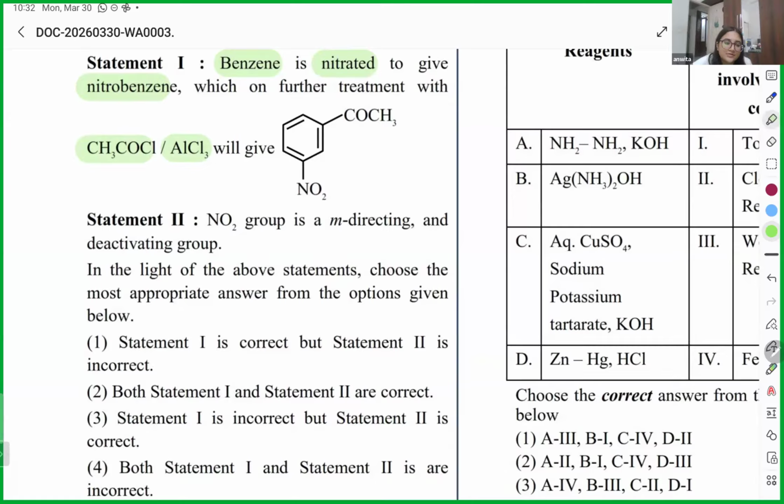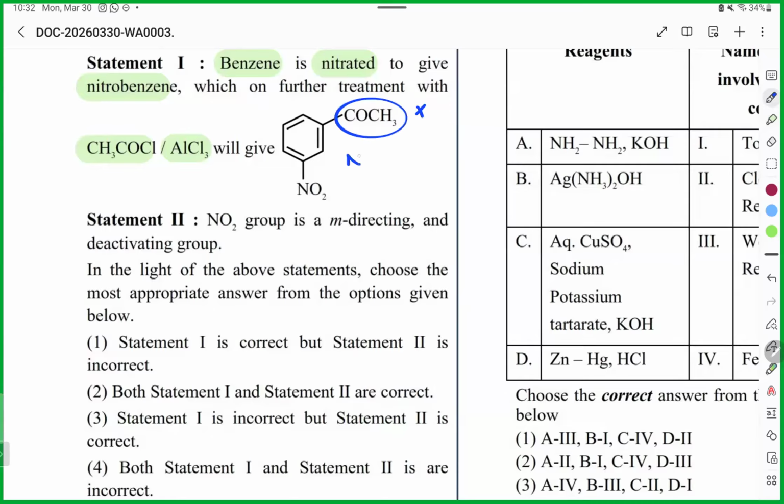Wait, so the NO2 position is wrong, no? No, position doesn't matter, because if benzene is nitrated, nitrobenzene will form, and further treatment with this will give this. Because nitrobenzene does not give Friedel-Crafts acylation, because it is highly deactivated. Why is this not possible?